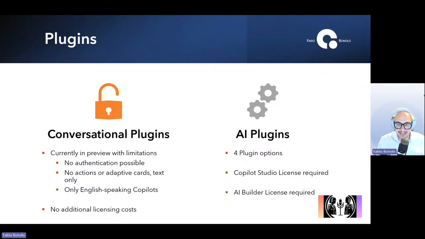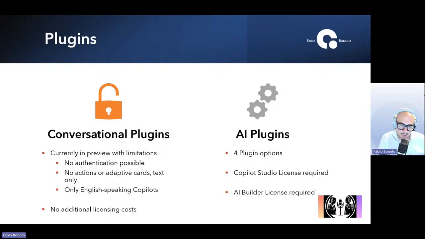And in the next slide, I will show you a visualization of a cascading diagram that shows you the different paths to extend the M365 Copilot, because it is a little bit tricky. I myself had a lot of difficulties to understand the concept behind this.